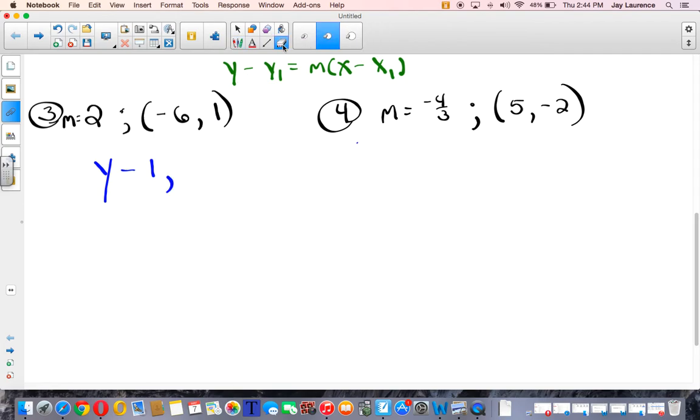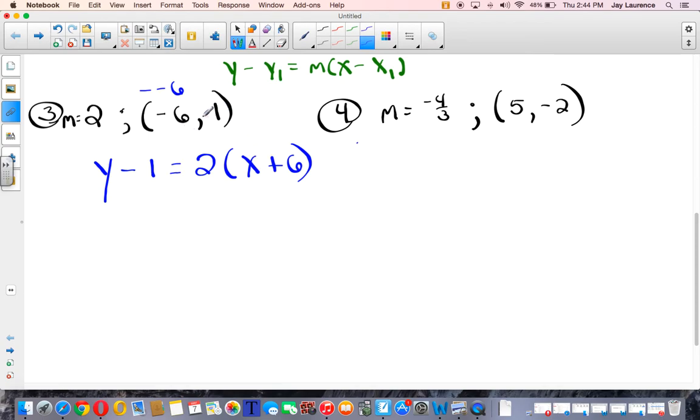Oops, not a comma. No comma there, silly Mr. Laurence. Equals the slope times the quantity of x minus the x-coordinate, minus -6, which is a +6. Notice it changed signs. The 1 was positive, became negative. The 6 was negative, became positive. There's the equation. That's the linear equation for the line that runs through the point -6, 1 and has a slope of 2/1.